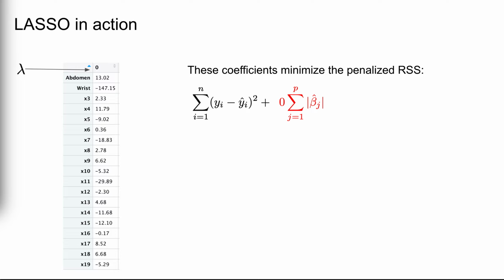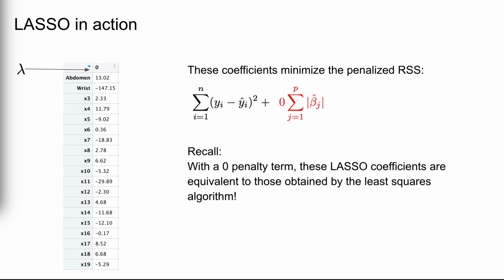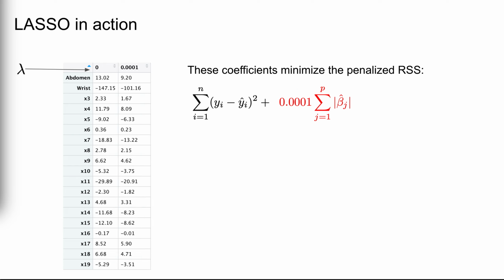But recall that with a 0 penalty term, these LASSO coefficients are equivalent to those obtained by the least squares algorithm. So let's crank up the tuning dial a little bit, increasing lambda to 0.0001.